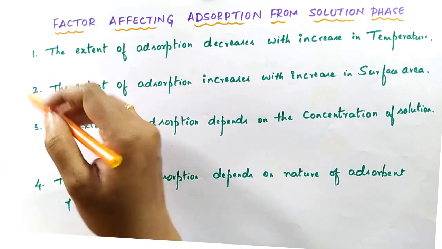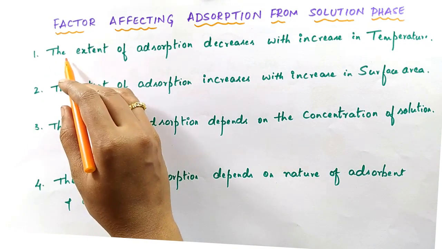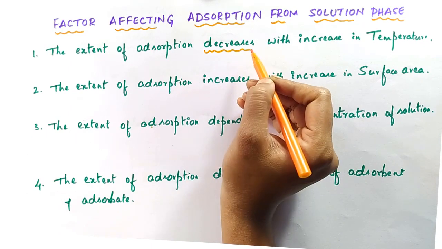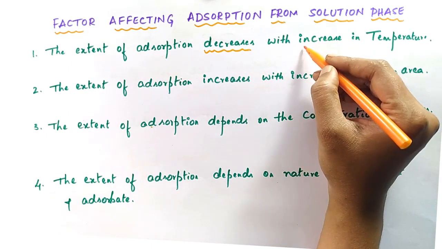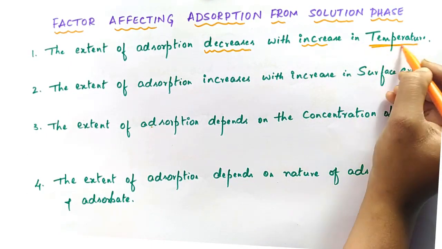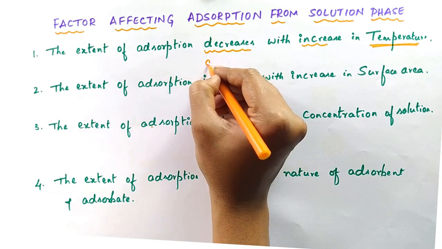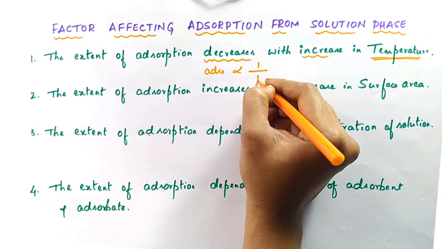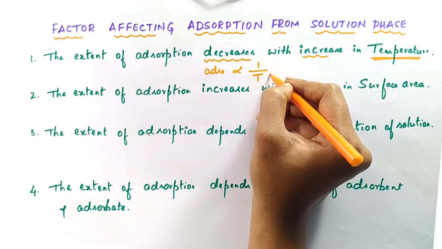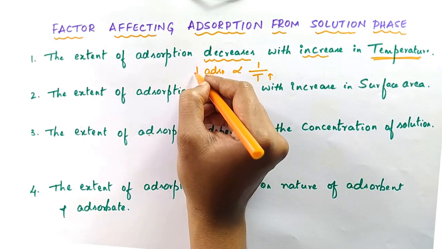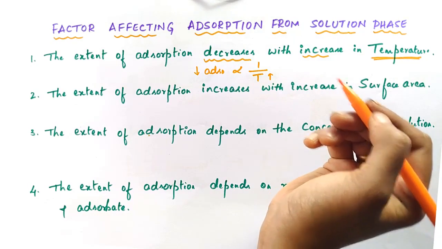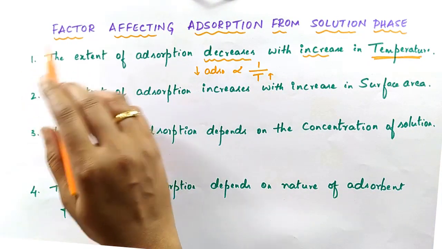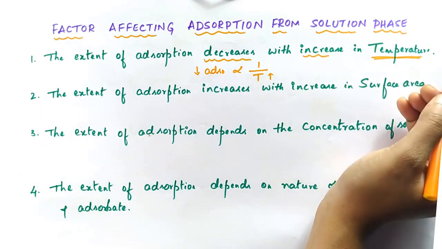There are 4 points. The first point says that the extent of adsorption decreases with increase in temperature. That means adsorption here is inversely proportional to temperature. As the temperature increases, adsorption decreases. So this is the first factor for solution phase.